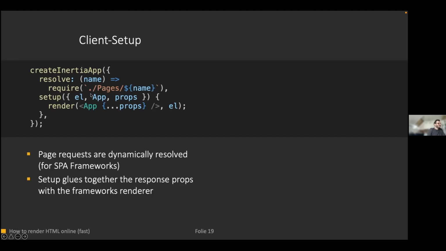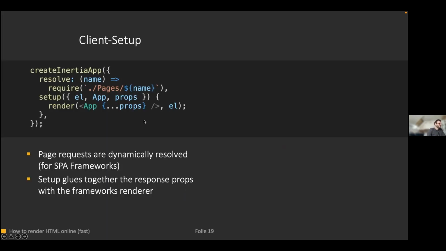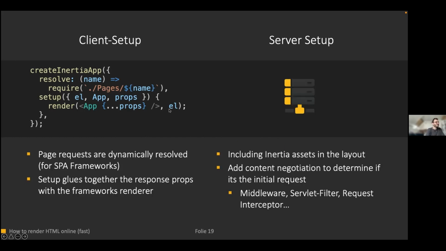Depending on your framework, you will get the component here, and then you can render it with the props, which are also encoded here in the response, and then mount it on the particular element.